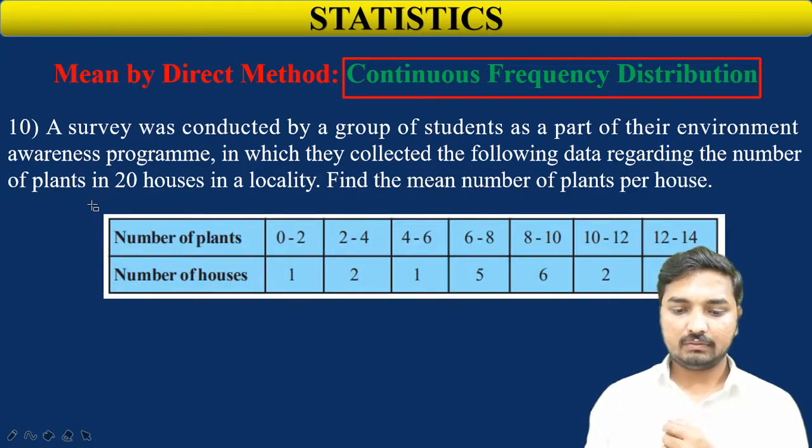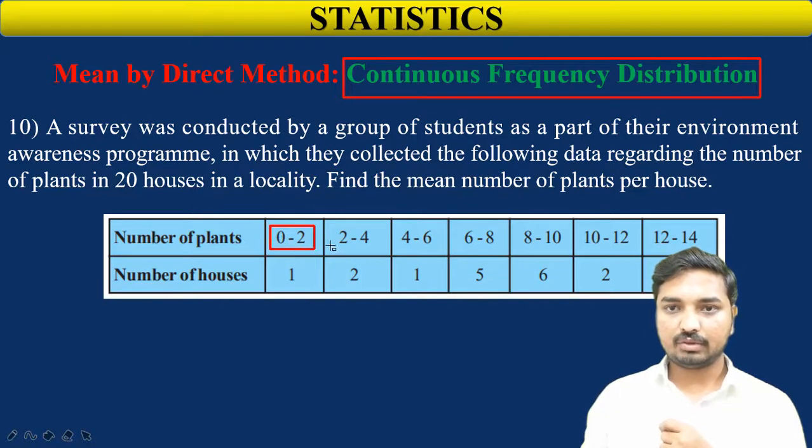Look at the first column here, number of plants. The first row is the data. This is called the class interval, 0 to 2. Here 0 is the lower limit, 2 is the upper limit, and similarly 2 to 4.